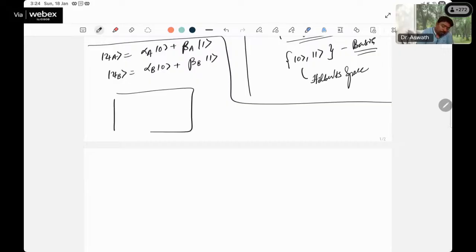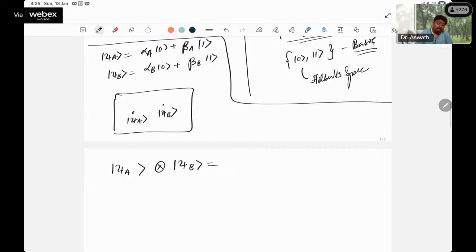I'll put them together in one box, atom A and atom B. When I make them interact, what happens? They may interact and exchange information, their superposition, their probabilities. I can show the combined quantum state is simply a tensor product of the individual quantum states.